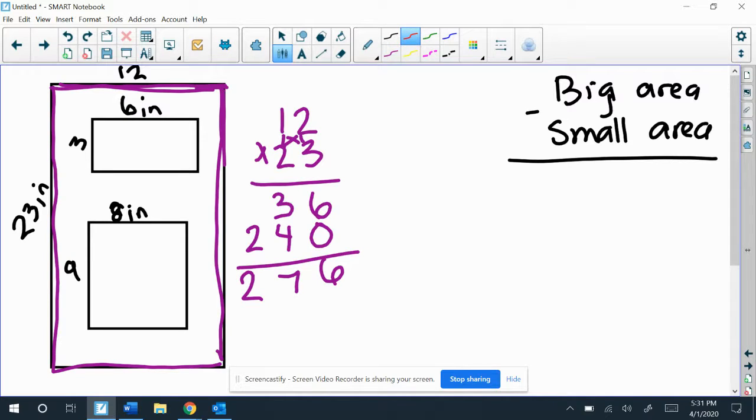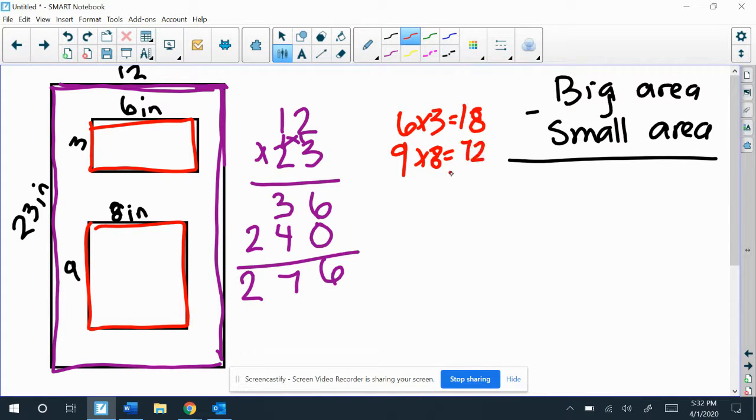Then I have this small part, which is 6 times 3. I get 18. But I also have this small part for this one, which is 9 times 8, 72. I'm going to add those two up to give me 8 plus 2, 7, 8, 9, 90. So this small area was actually two that I had to put together.